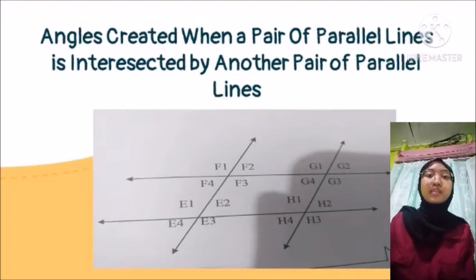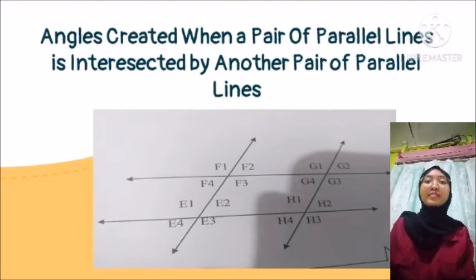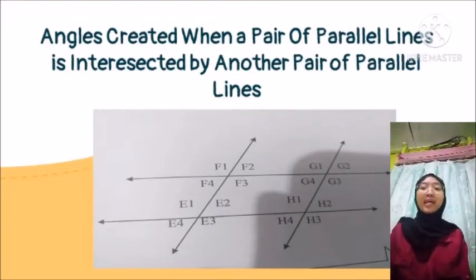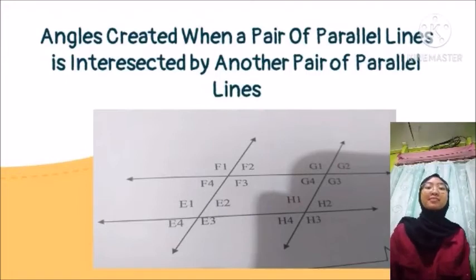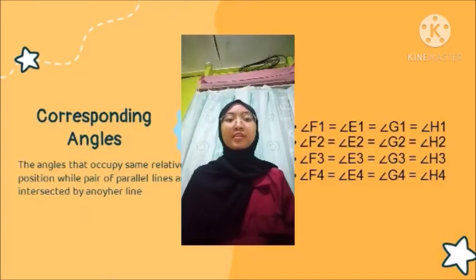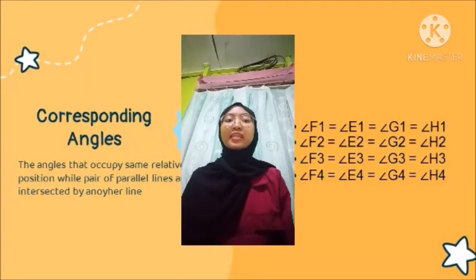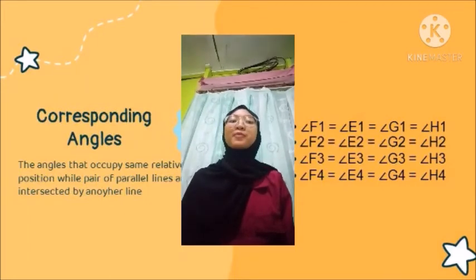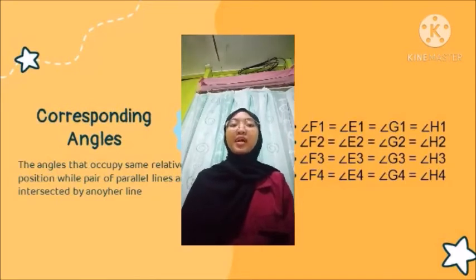The last topic is angles created when a pair of parallel lines is intersected by another line. First, corresponding angles: the angles that occupy the same relative position when a pair of parallel lines is intersected by another line.